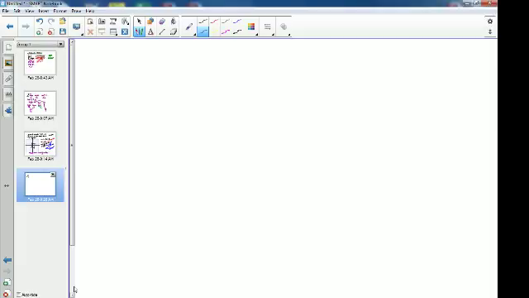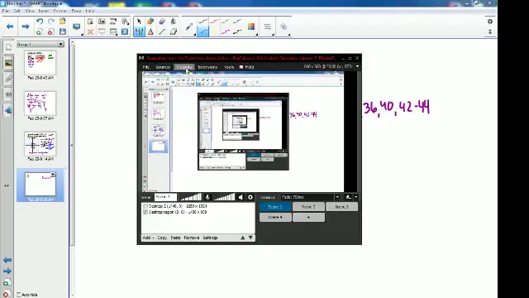We'll move on. You don't have to do this on graph paper unless you're graphing.